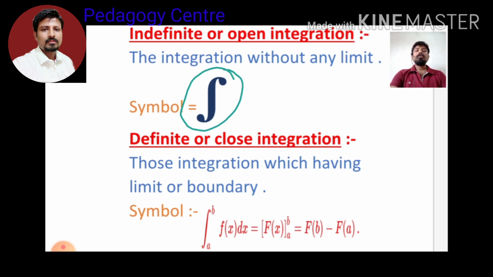Now, what is definite or closed integration? Integration which has a limit or boundary, meaning that type of integration must have a lower limit and an upper limit. The symbol of definite integration is the integration symbol with a lower limit and an upper limit along with a function.